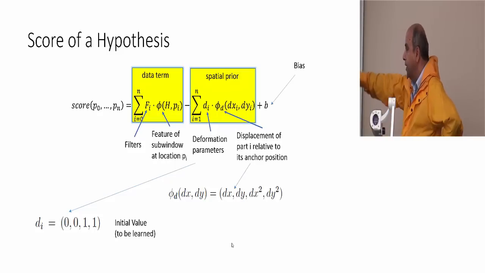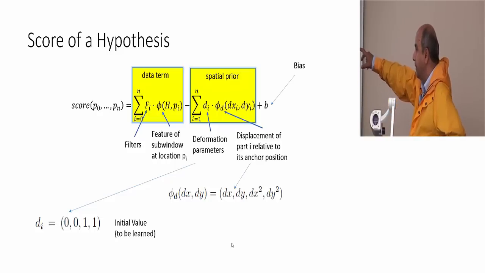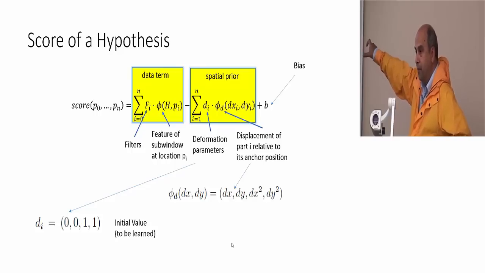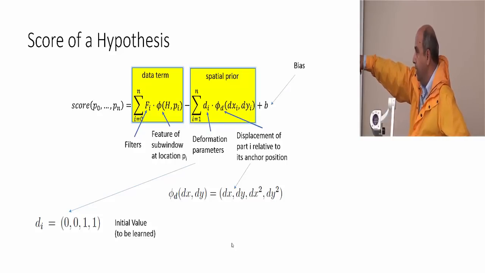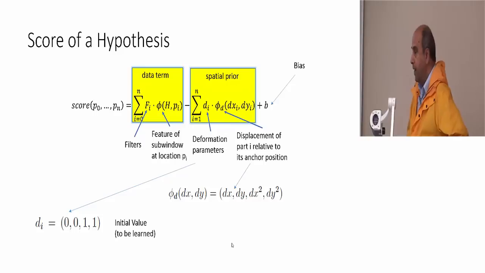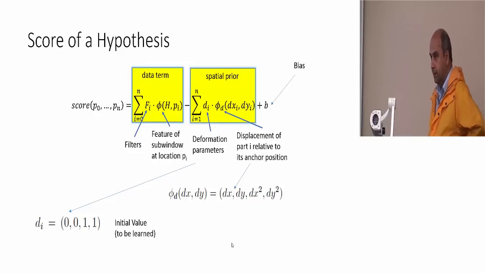As you see, initially this becomes dx squared plus dy squared, which is the distance from the anchor position. If it is further away, you have more cost. If it is closer, it will be less. So it looks like a circle. But depending on those values, the first two values, when they change, this can look like an ellipse or some other shape. So those are your costs.